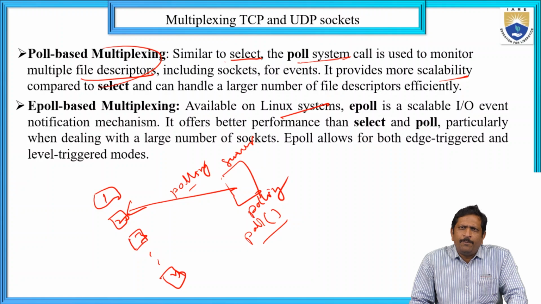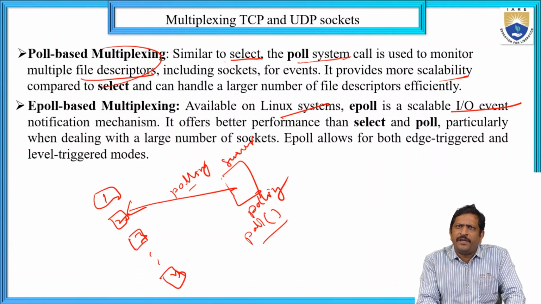Here epoll is a scalable input output event notification mechanism. Why is it scalable? Because this system call can be utilized in high performance networking devices. Any video conferencing, online gaming, these are all high performance networking. So it offers better performance than select and poll.